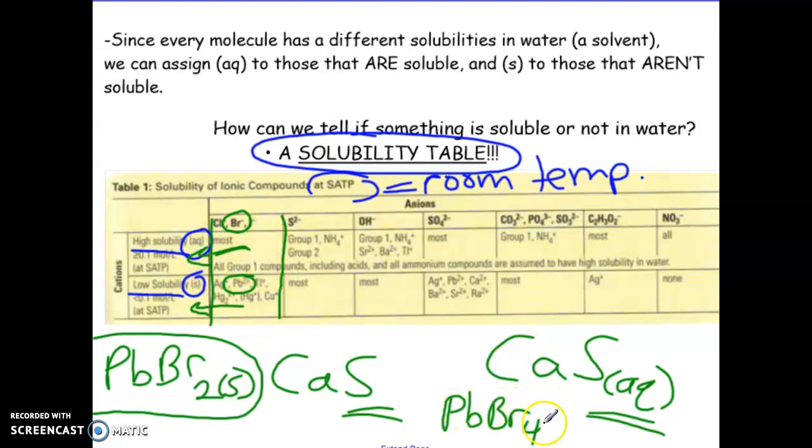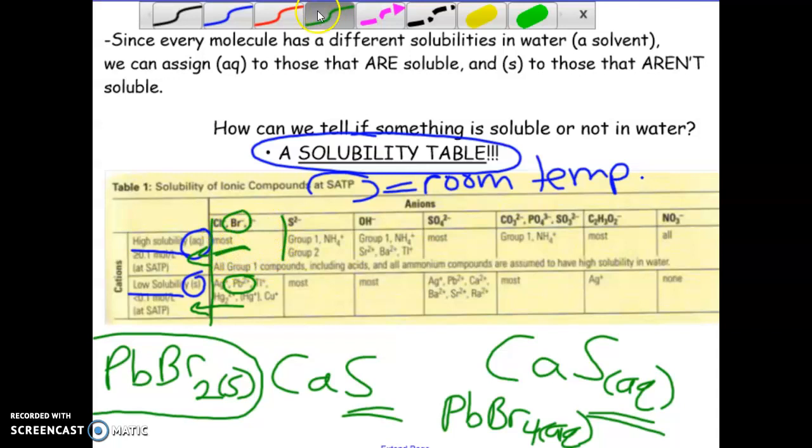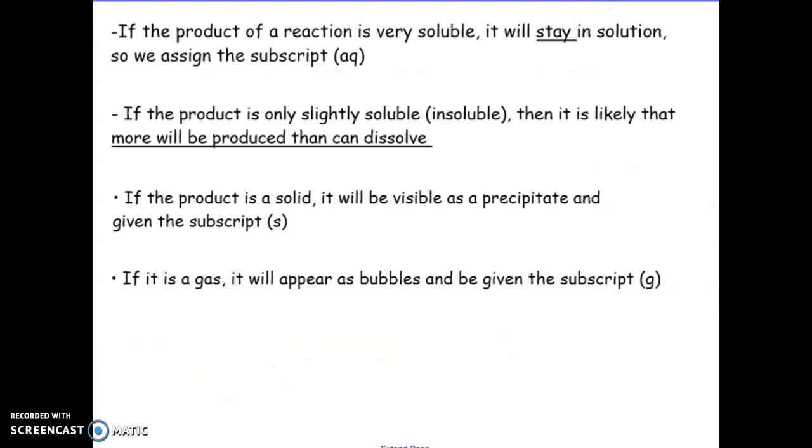So that means lead(IV) bromide would be AQ because it would have high solubility. So when you have these ions, be careful. It has to be the specific ion. If I'm talking about copper, notice this is copper(I). I believe it is. Did I cut that off? Yeah, so copper(I). But that means copper(II) would be up here. So it's important that you have the correct ion that you are looking at.